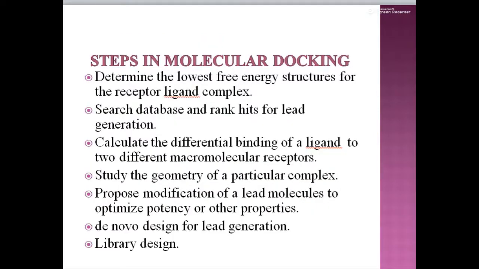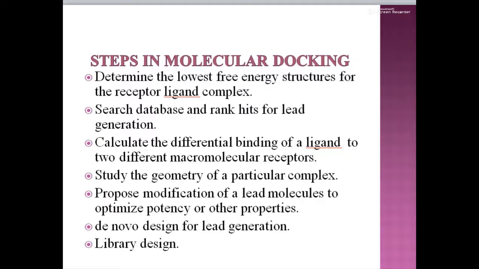Now the steps involved in molecular docking: you will determine the lowest free energy structures for the receptor ligand complex, and search the database and rank the hits for lead generation. I told you there are various target molecules, various ligands are being taken, and then you find out which one has the least binding energy.